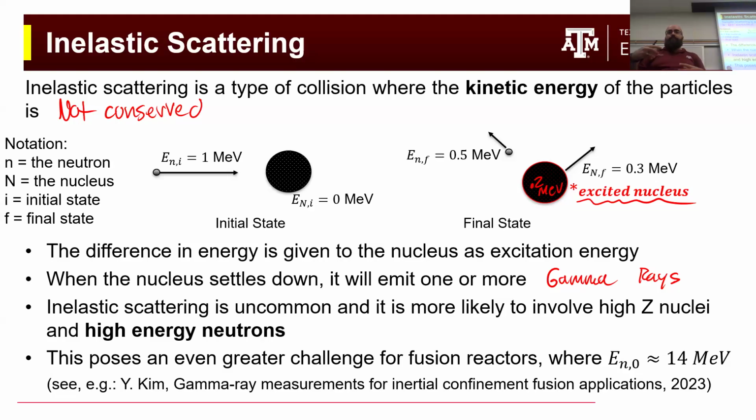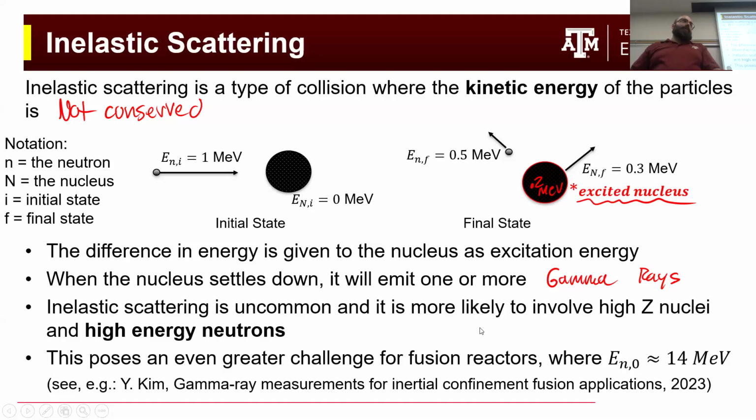In the nucleus, there's a nuclear structure, and an excited nucleus corresponds to some nucleon in the nucleus getting kicked up in an energy level. And then when that nucleon settles back down, it emits a gamma ray instead of an X-ray. And so in general, inelastic scattering is relatively uncommon, but it happens more if it's a high Z nuclei, like a nuclei that has a high number of protons.